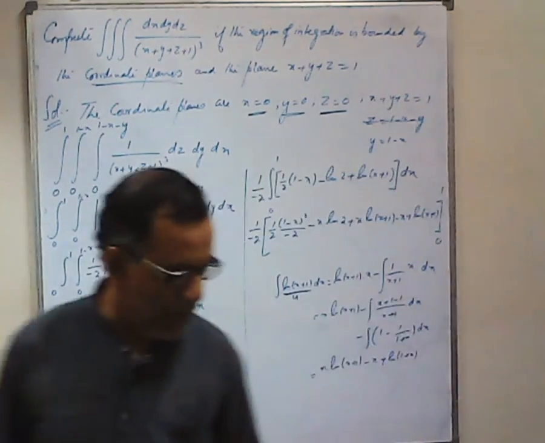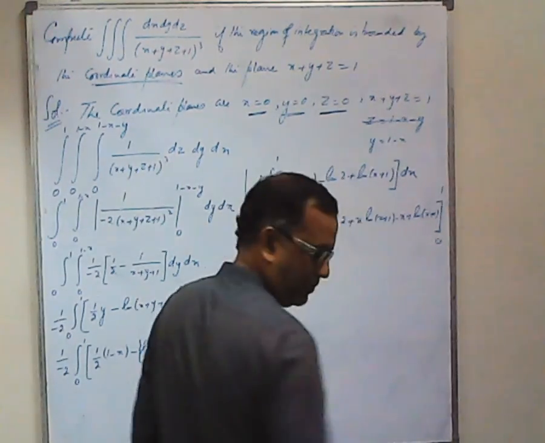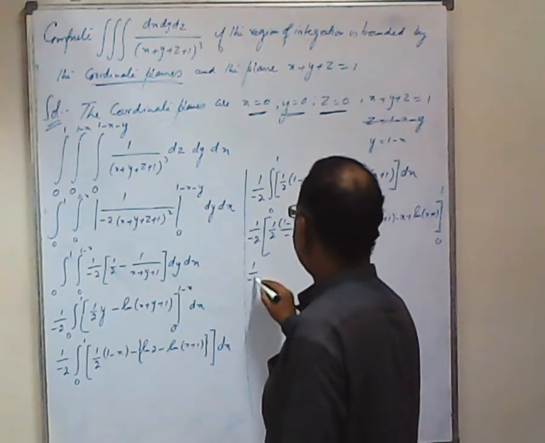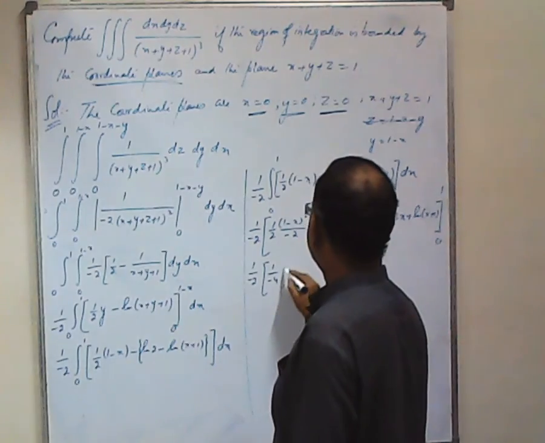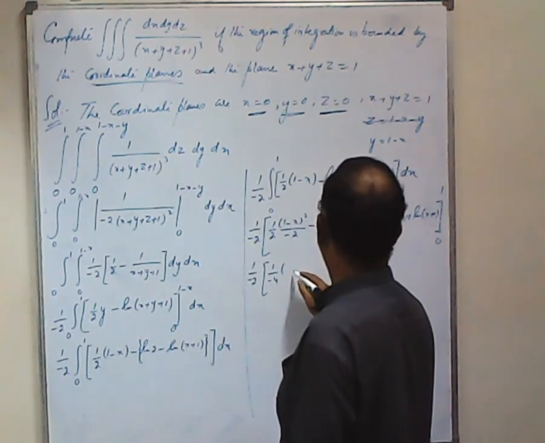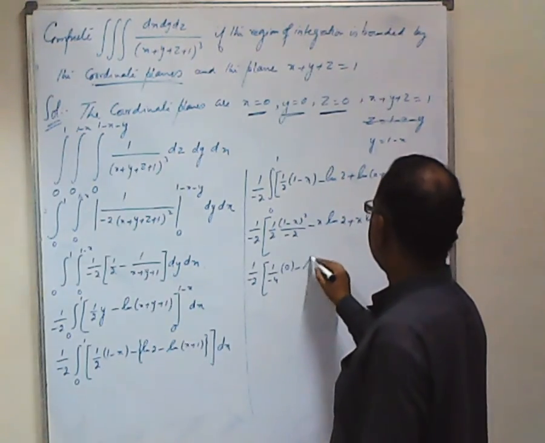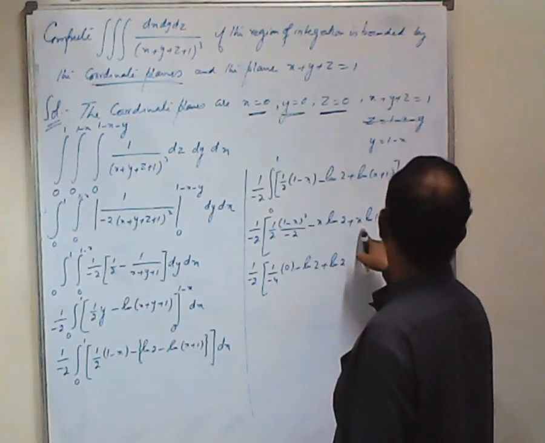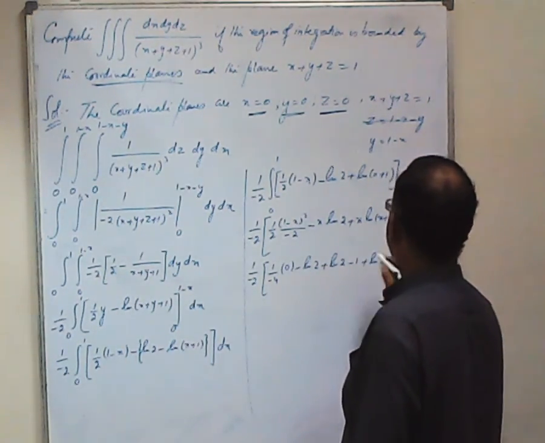So finally, writing all these terms carefully, on substituting the upper limit, 1 upon minus 2, then 1 upon minus 4, 1 minus 1 is 0, then minus 1 into log 2 plus log 2, because 1 here, minus 1 plus log 2.